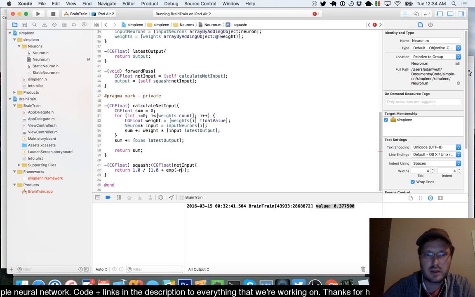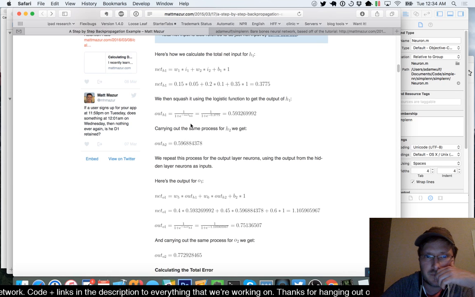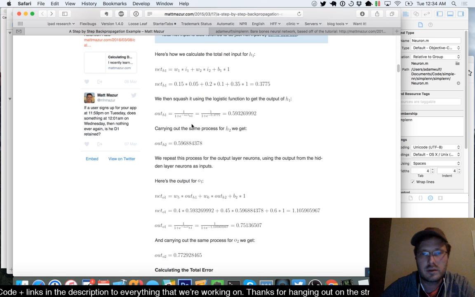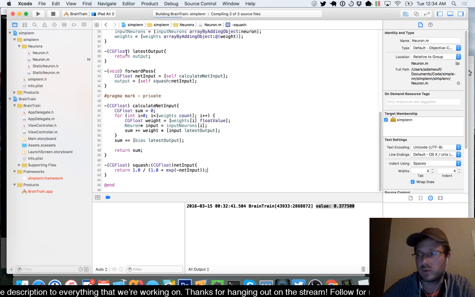E to the negative net input, right? Yeah, I think that's right. Let's just see what we do. I can't remember if that's the correct function. I feel like it is, but we'll find out. And so now when we run it, let's see what we get.